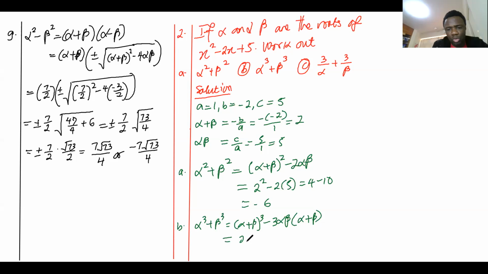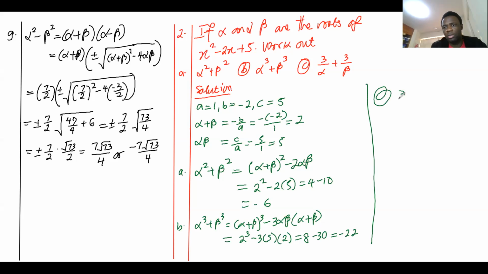So this is going to be 2 cube. I'm not using a bracket here because it's not negative. Minus 3 times 5, right? Then times 2. Oh my God, I'm late for my meeting. 8 minus what? 30. Yes? Minus 22.